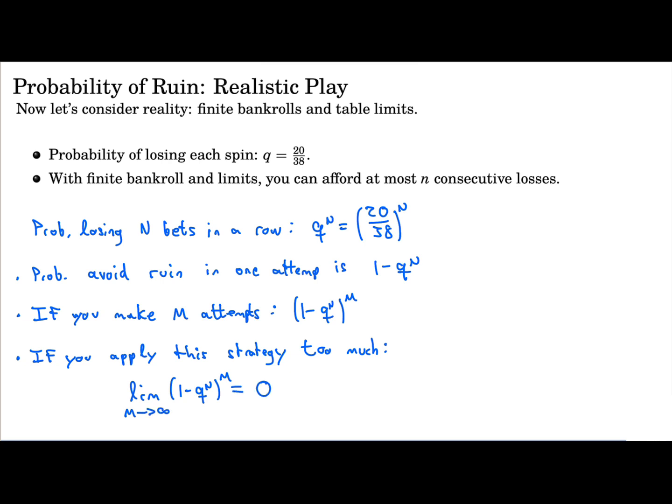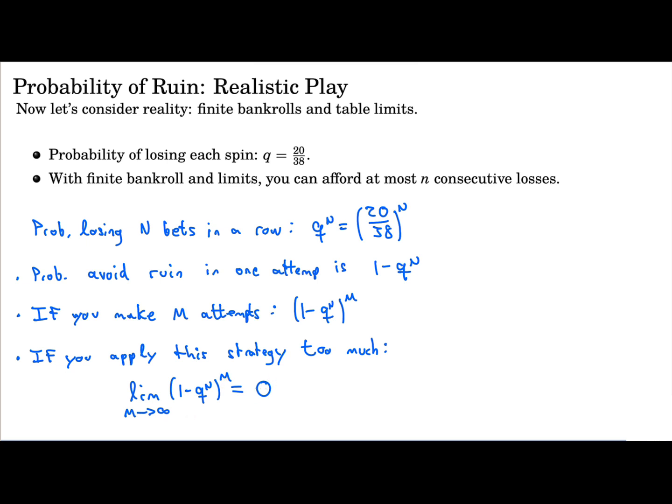This is because 1 minus q to the n is always strictly less than 1, and no matter how close to 1 this is, since it's never actually equal to 1, when you take the limit of applying this many times, this goes to 0.